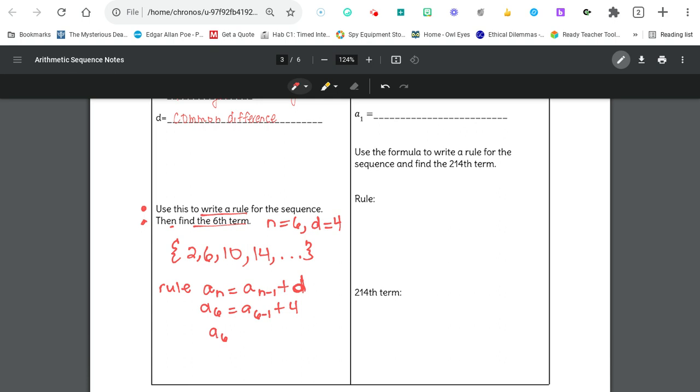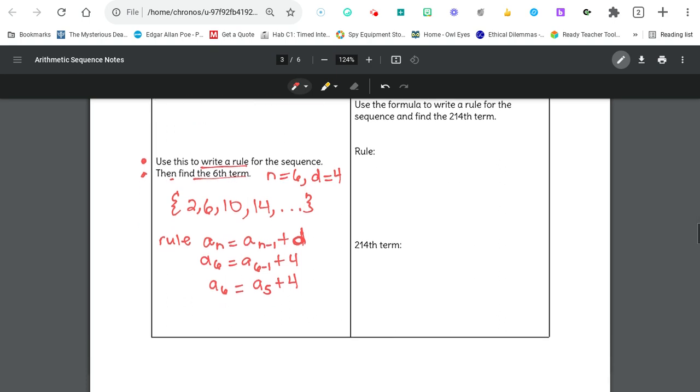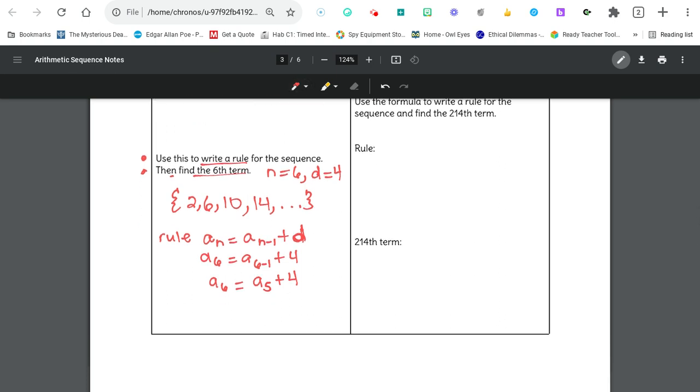The rule is a sub 6 equals a sub 5 plus 4. All this means is the sixth term is equal to the fifth term plus 4 more. The rule to find the sixth term is to take the fifth term and add 4. That's what you do.